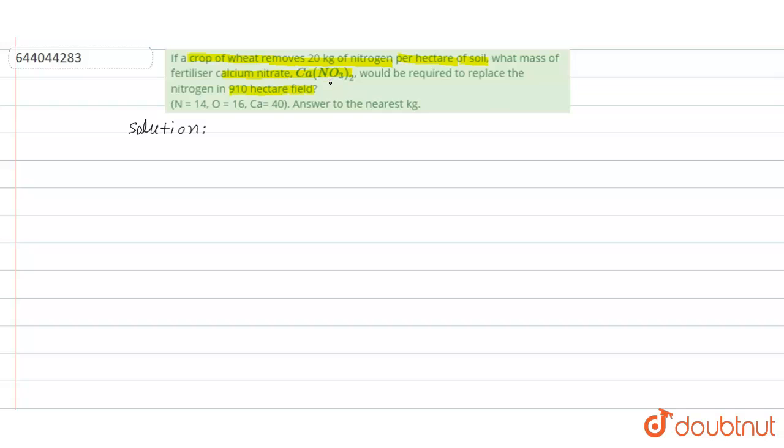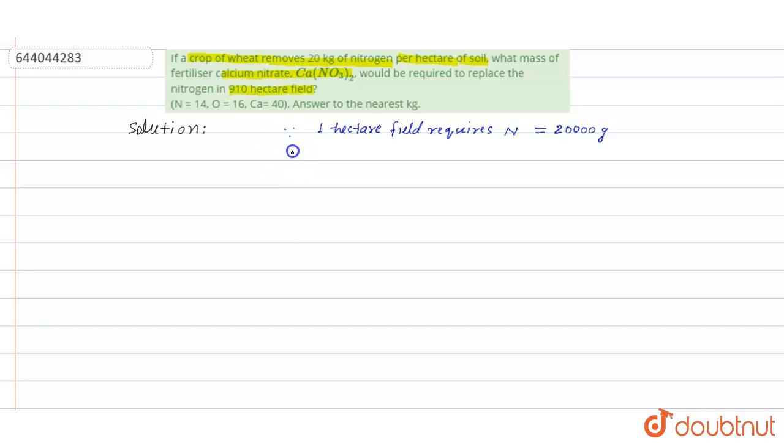So for 910 hectare, now, since 1 hectare field requires 20 kg nitrogen, N2, or nitrogen is equal to 20 kg. 20 kg means 20,000 gram.